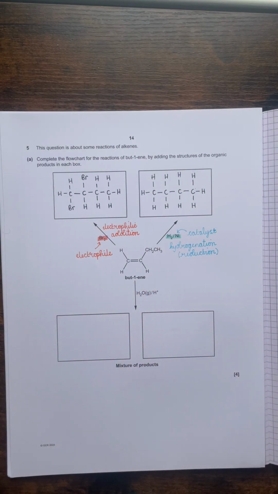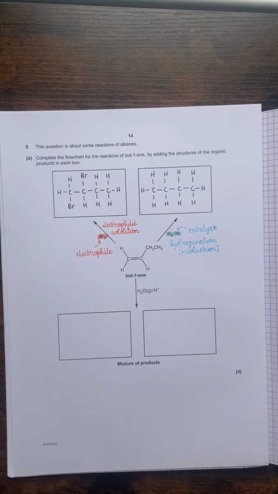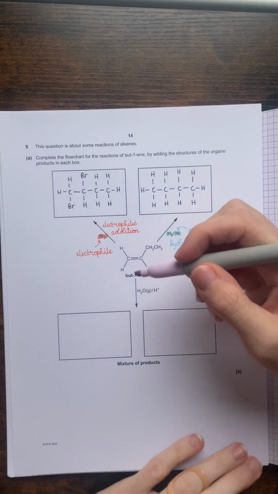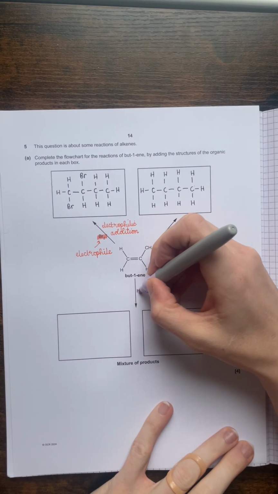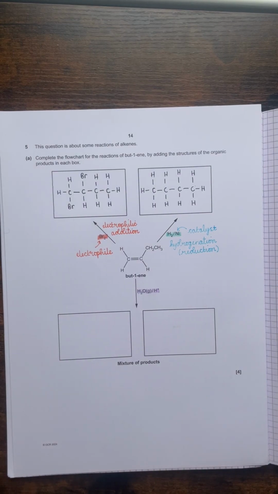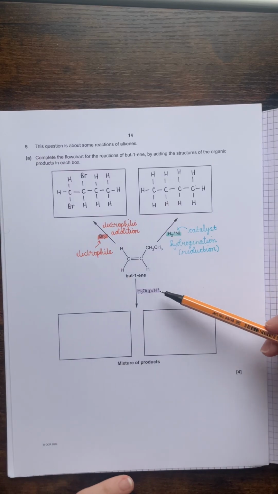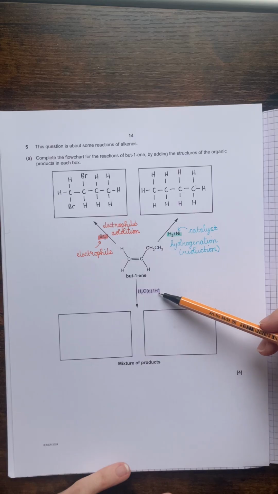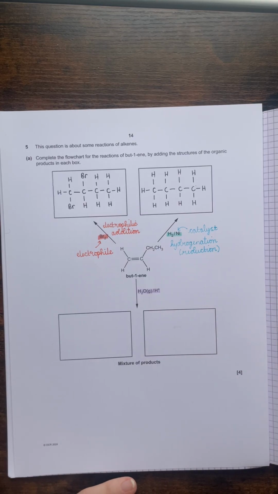And then finally, if we think about the reaction at the bottom, we've got water in the form of steam, and we've got H+ ions. Now the H+ ions will come from some sort of acid. I think they've been a bit general here and said H+ because it could be phosphoric acid.